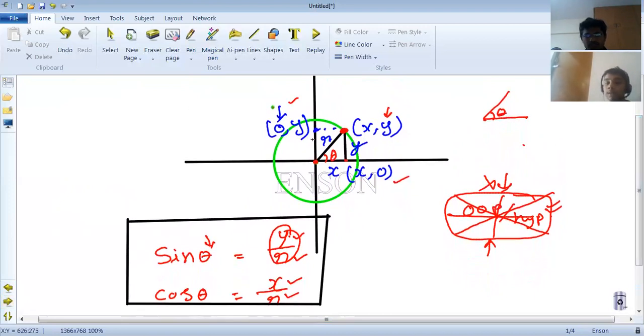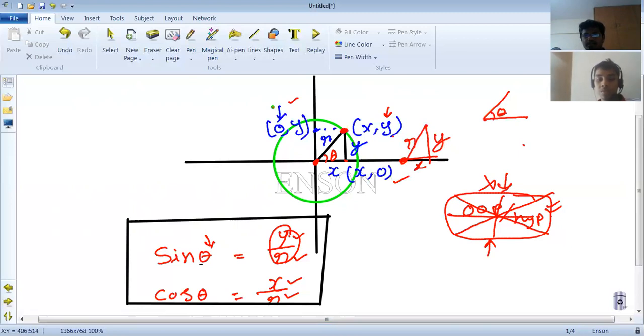See, first of all, from the unit circle, the center is 0 comma 0, and the point on the circle will be x comma y. From this point to the x-axis, this length is y, and this length is x, and this is the radius of the circle, as you can see from the figure.